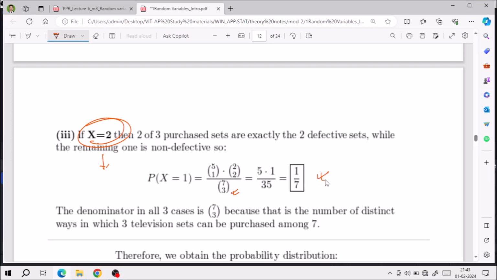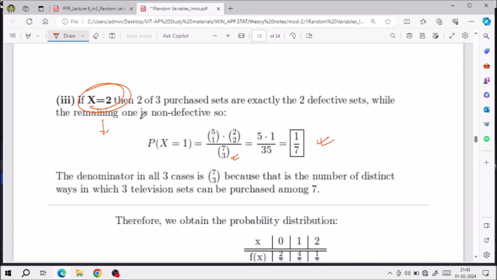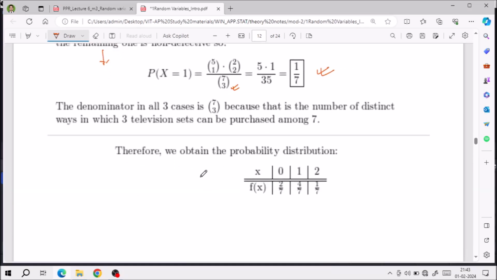Do the calculation and you get 1 by 7. Finally, if you write this in terms of distribution, the X values are 0, 1, 2 with the corresponding probabilities, and this is nothing but your probability distribution function. Very simple: just find the corresponding probabilities accurately and then construct the table.